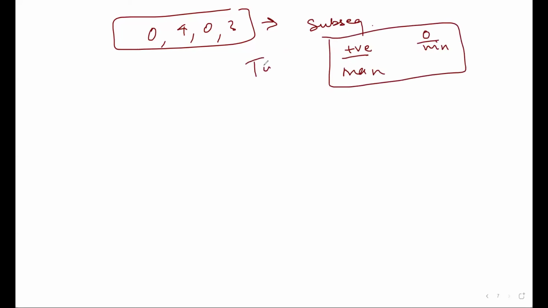This is type 1, where the maximum value is positive and the minimum value is 0. How many such subsequences are there? It is not 6. It is 9, Tanaya.